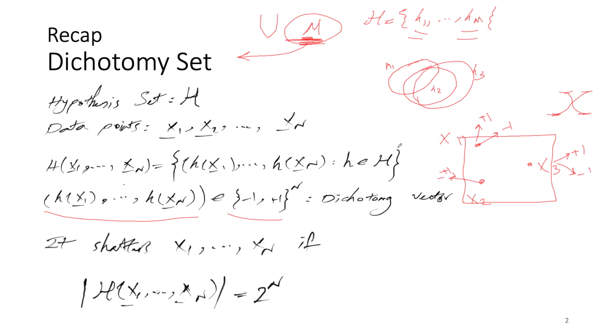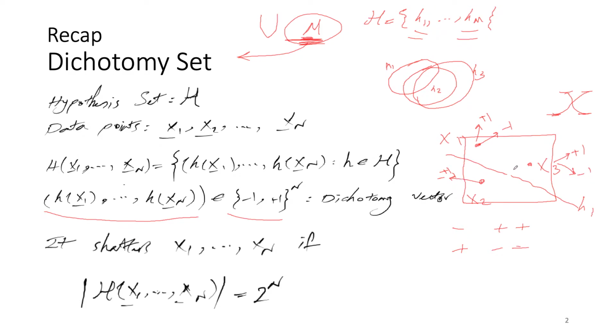So one way would be I put my hypothesis here. This is my H1. In this case, I make x2, suppose that was -1, and these 2 become +1. On the other case, if I assume this was plus, the other 2 would be minus. So these are 2 cases.